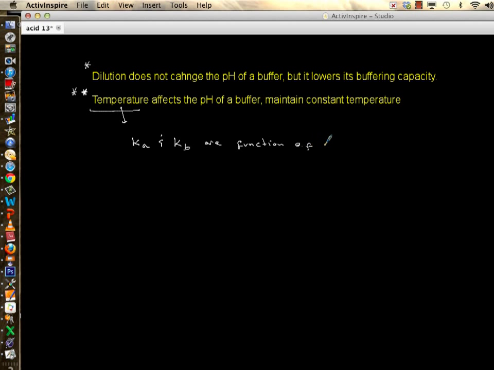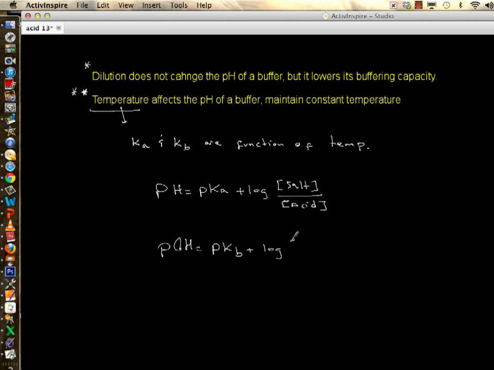And if they change, your pH and pOH changes, because pH was pKa plus log of concentration, initial concentration of salt over acid, and for basic buffer you had pOH equals pKb plus log of salt over base. So if you change the temperature, you will change pH and pOH respectively, but dilution does not change pH.